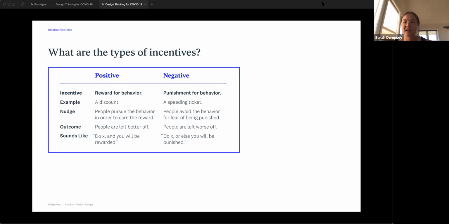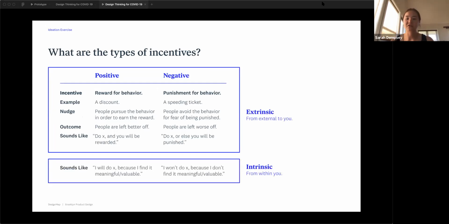And so looking at incentives, we did some research and we started to think about how can we categorize different types of incentives. And so we ended up structuring them as positive and negative. And then we also understood that there's an extrinsic and intrinsic angle to this as well. Extrinsic meaning from outside of you, and intrinsic from your own motivation.